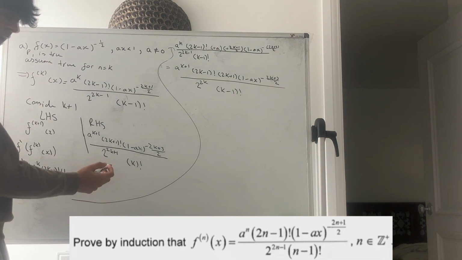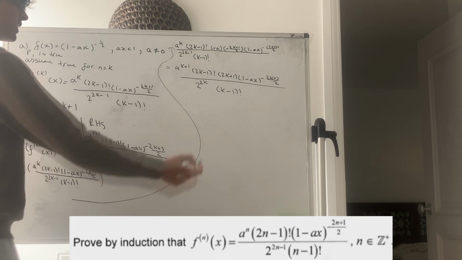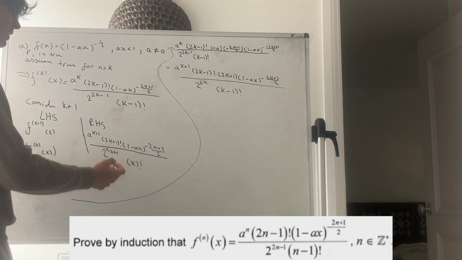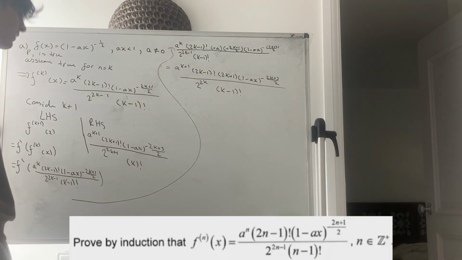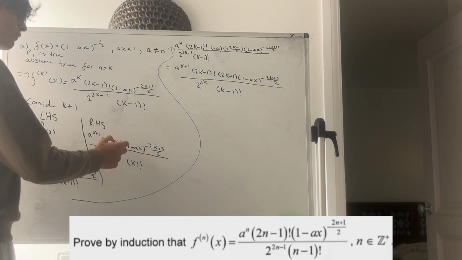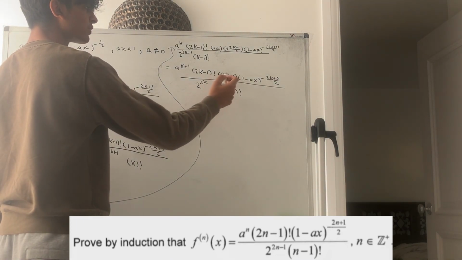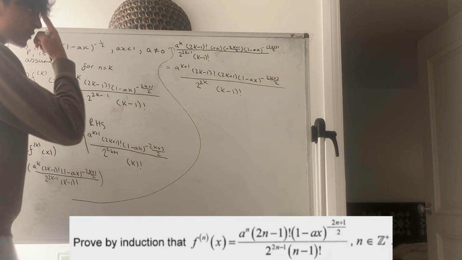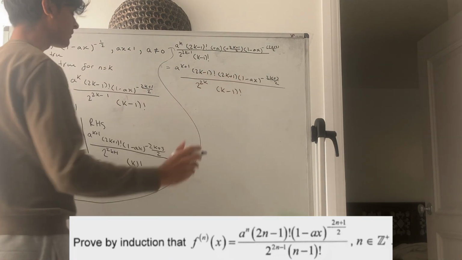And observing the right hand side, so observing what we want it to become, 2 to the 2k we want is 2 to the 2k plus 1, and we want this k minus 1 factorial to be k factorial. But we also want 2k plus 1 factorial. And over here we have 2k plus 1 times 2k minus 1 factorial. So if we can somehow make this into a factorial and improve that, we're sorted.